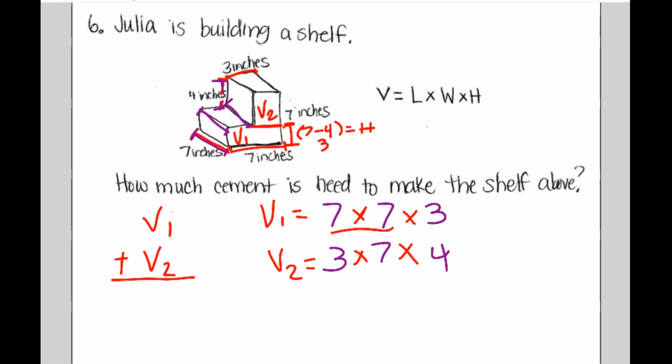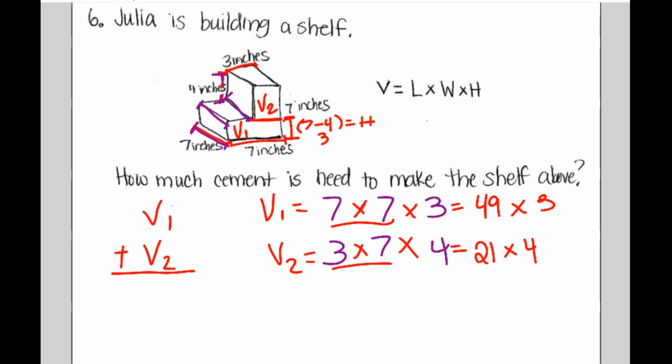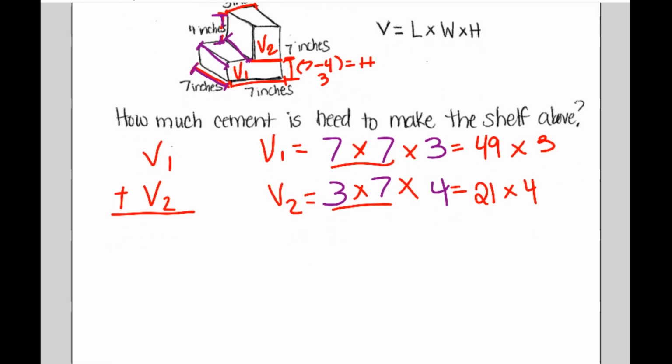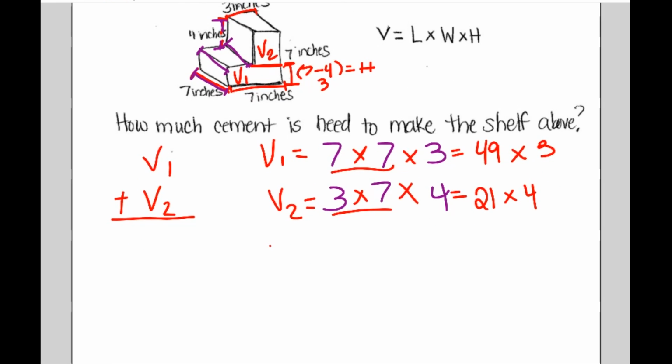All right, now let's solve this out. I know 7 times 7 is 49, and then times 3. And then over here, I know 3 times 7 is 21 times 4. So we're going to get the area model to both of those and then solve them. So for V1, my area model is going to be 40 plus 9 times 3.